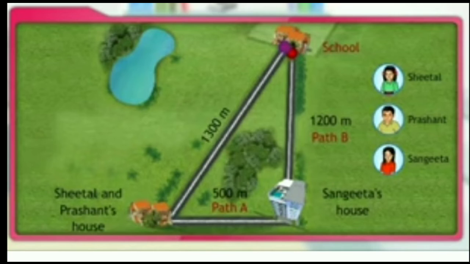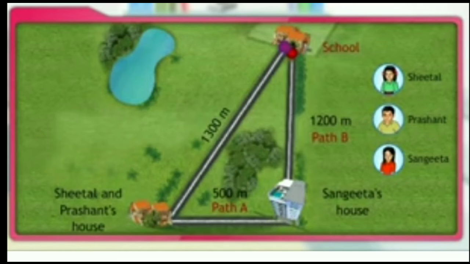Now both are walking with the same speed. Now tell me, children, who will take less time to reach the school and why? Yes, you are correct. Prashant will take less time to reach the school. Why? Because he has chosen to go directly to school instead of visiting Sangeeta's house, right?